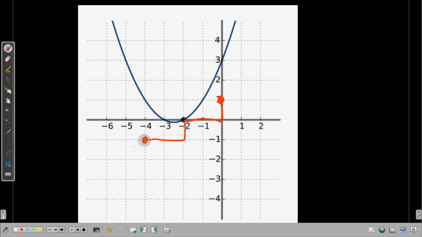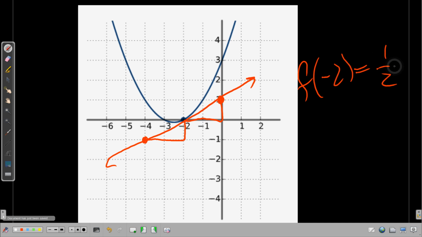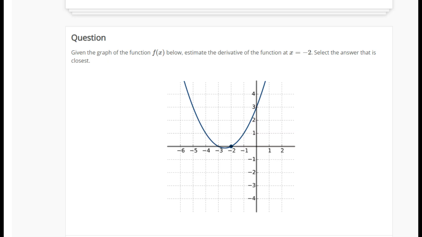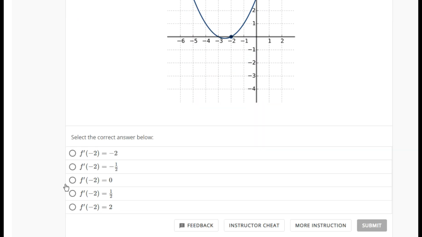So the question is, will the tangent line go through these 2 points? And it sure looks like it does, even though I can't draw a straight line very well. There we are. So then the statement would be that f prime of -2 is equal to 1/2. All right, there we are.